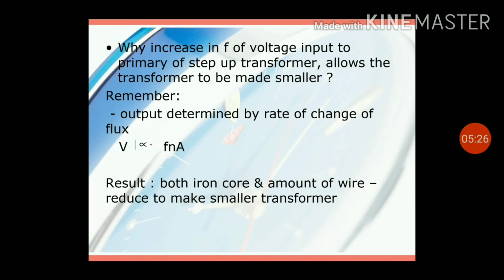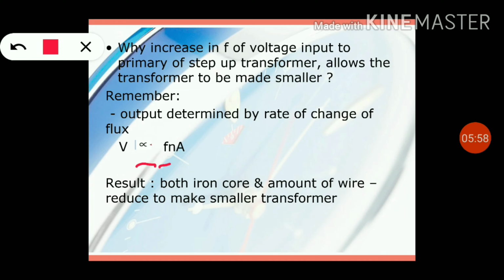Now let me explain why an increase in the frequency of voltage input to the primary of a step-up transformer allows the transformer to be made smaller. First of all, you should remember that output is determined by the rate of change of flux, and voltage is proportional to the frequency.